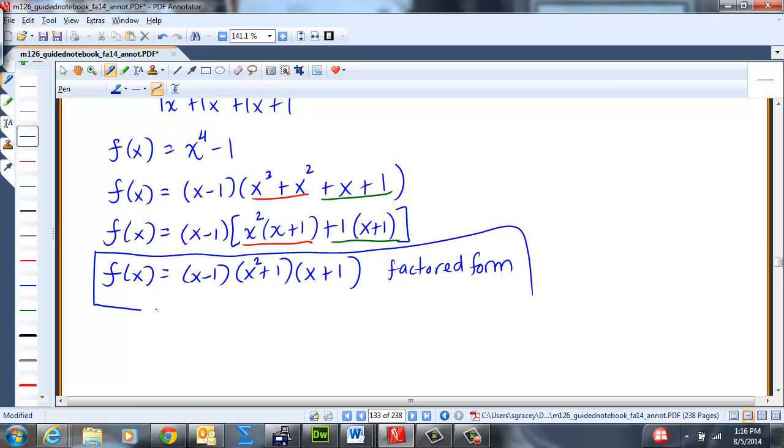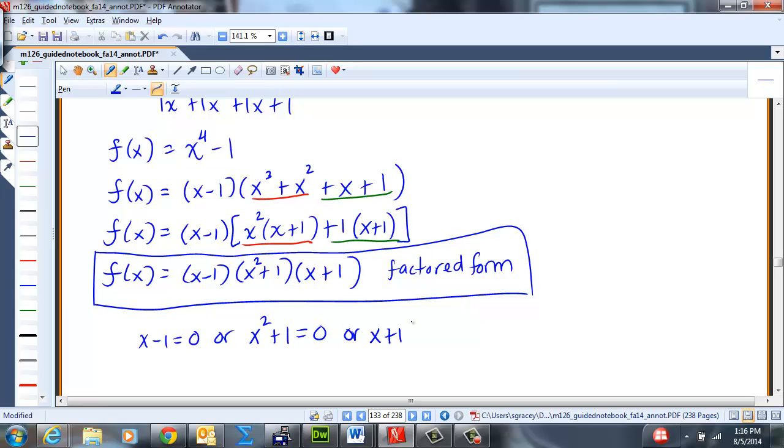Now to find the zeros, we'll find all real and complex. So x minus 1 is 0, or x squared plus 1 is 0, or x plus 1 is 0. So x is 1, or x squared is negative 1.